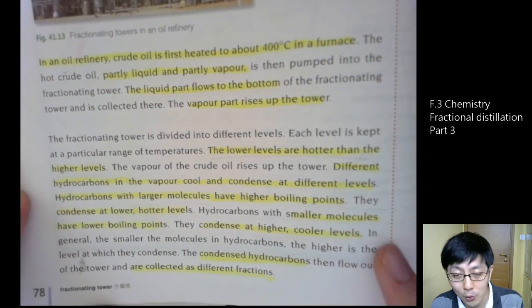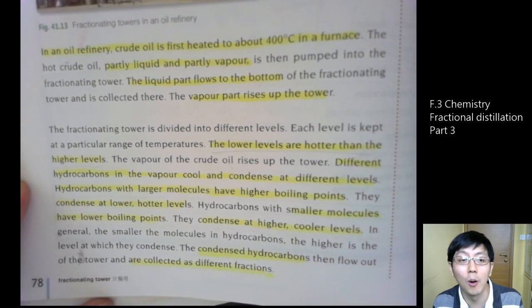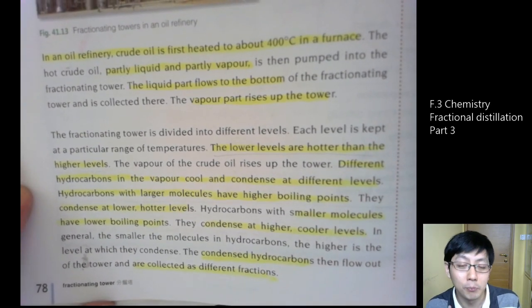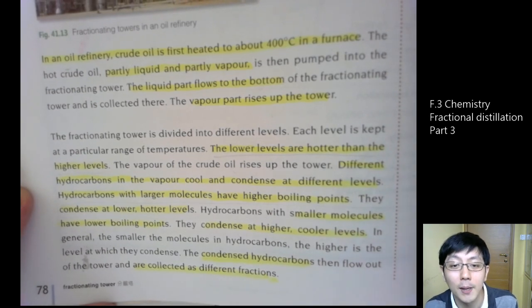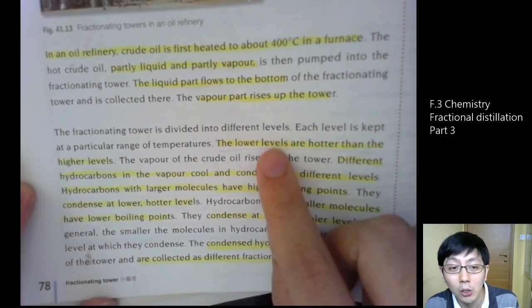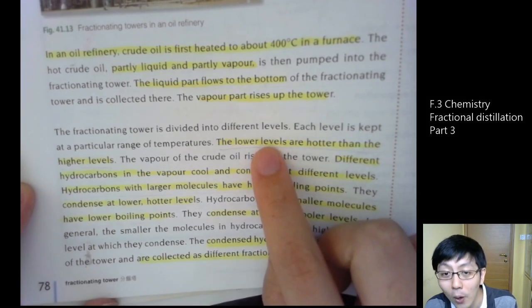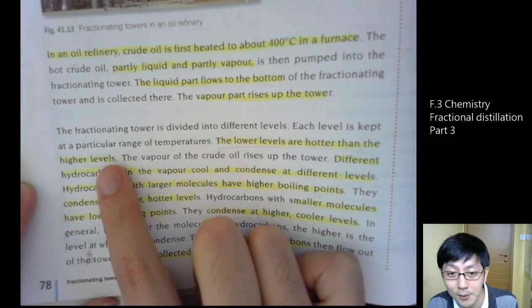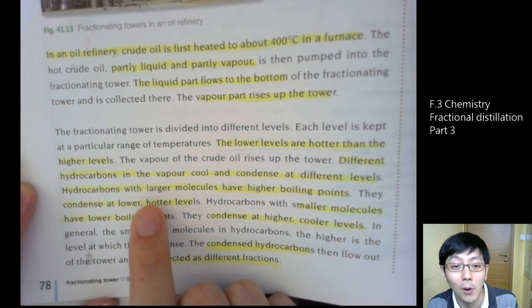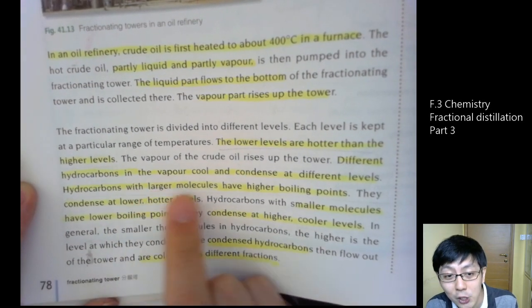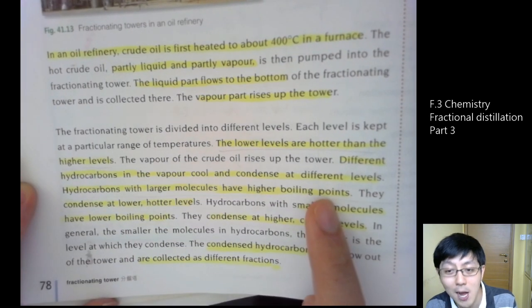好，咁如果我問你 the principle of fractional distillation, don't say the hydrocarbons condense at different levels. Please state the trend. In the fractionating tower, the lower levels are hotter than the higher levels. So the hydrocarbons could condense at different levels. 個 trend 係咩啊？Larger molecules have higher boiling points.